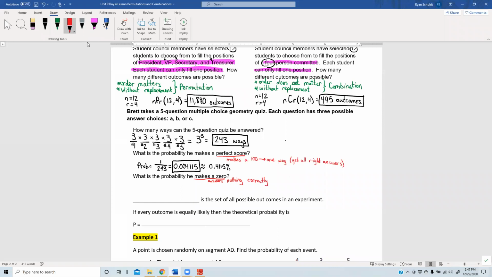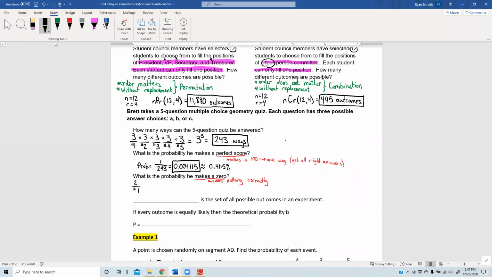This one takes a little bit of thought. So if it's multiple choice, there's only one right answer per question. So let's say for number 1, the answer is A. How many wrong answers are there?